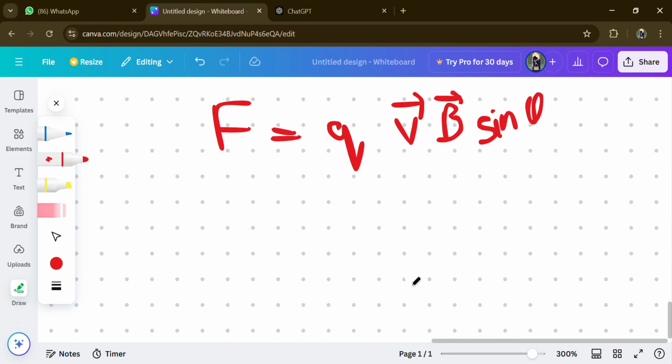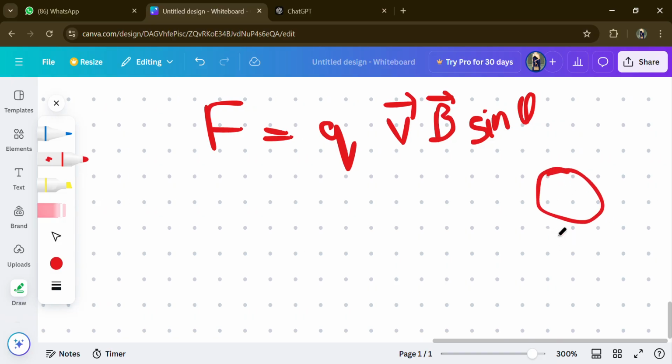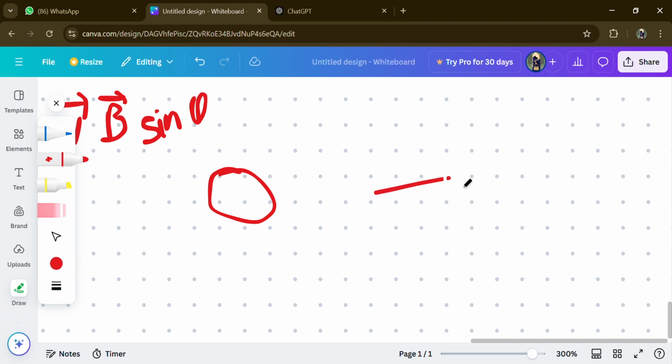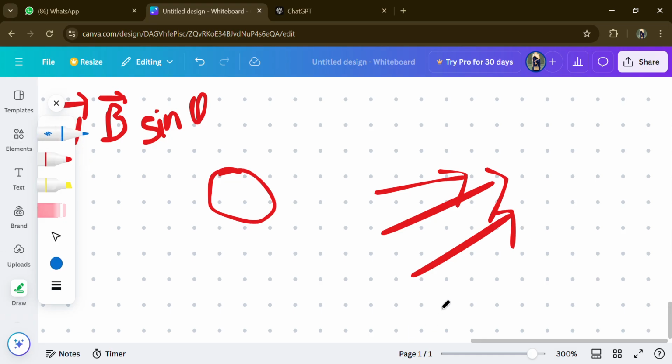So in this situation, what if the charge is moving in a circular path because of the magnetic field affecting it? It's the force of the magnetic field making it move in a circular direction that we often call the centripetal force.